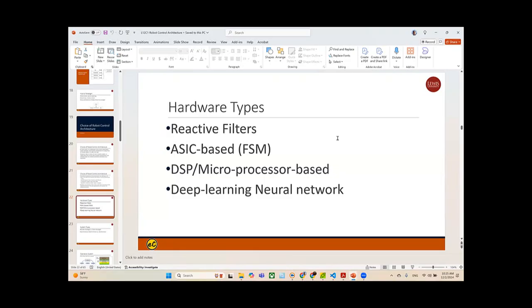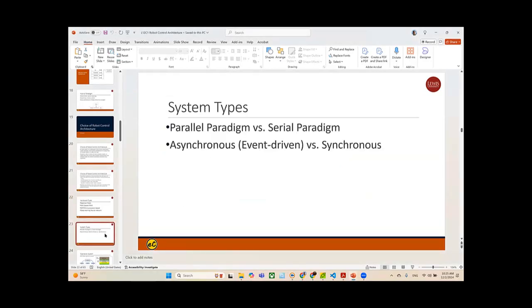Nowadays everybody says you have to design a smart robot, but usually a smart robot costs very high. You may just need ASIC or DSP or even an adaptive filter. That is something you want to study, whether you have enough control versus the cost you are willing to pay, to choose a system that fits your project.